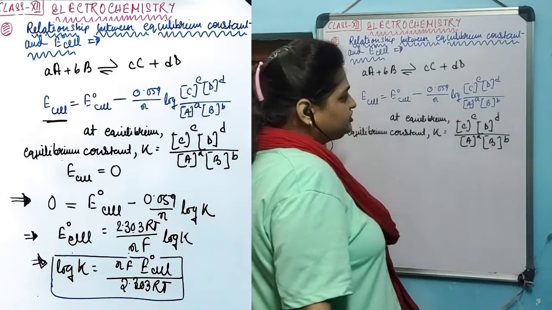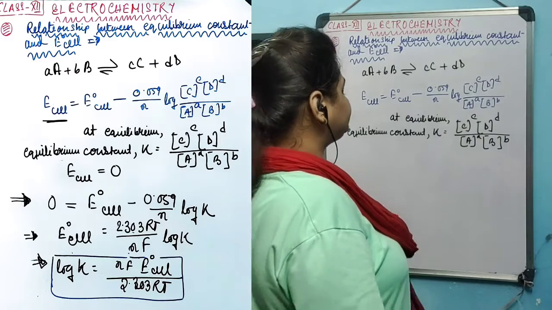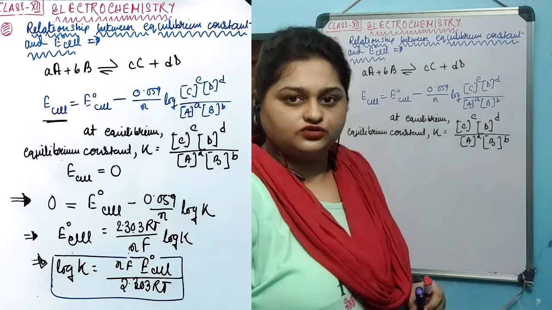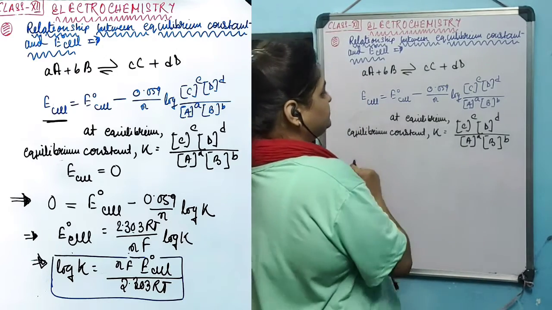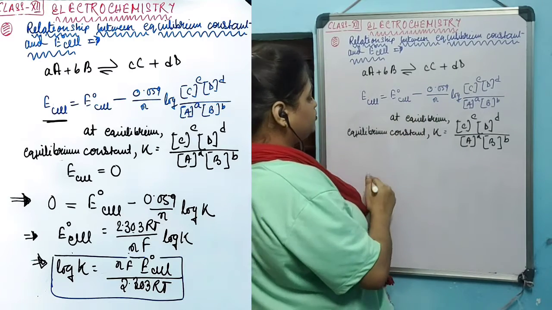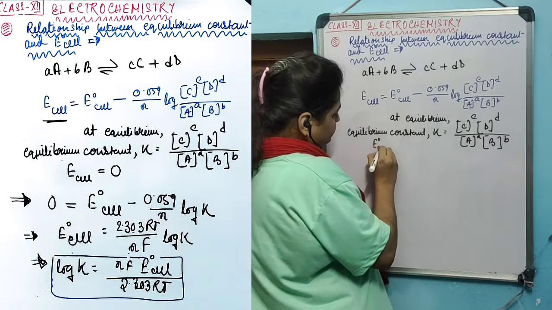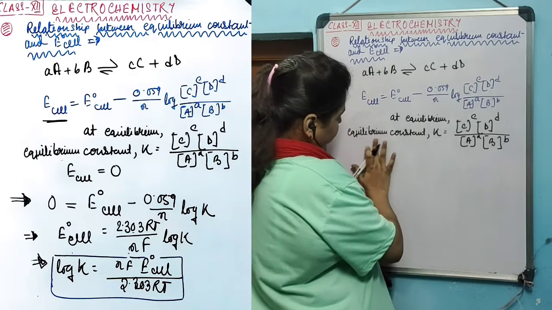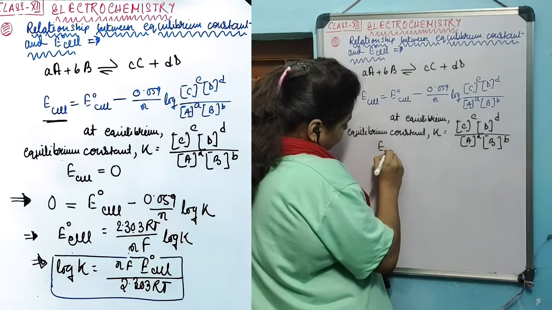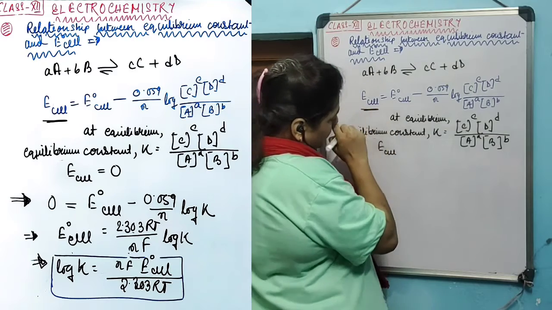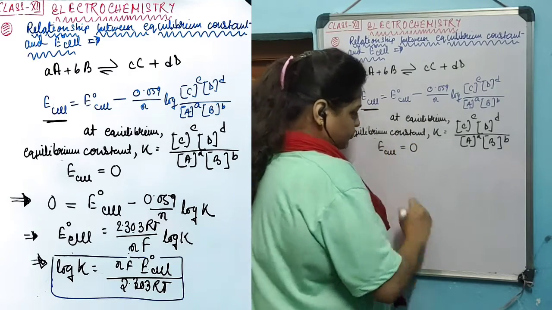The concentrations of A, B, C, D at equilibrium can be represented by this. And we also now know that at equilibrium the E cell value becomes 0.